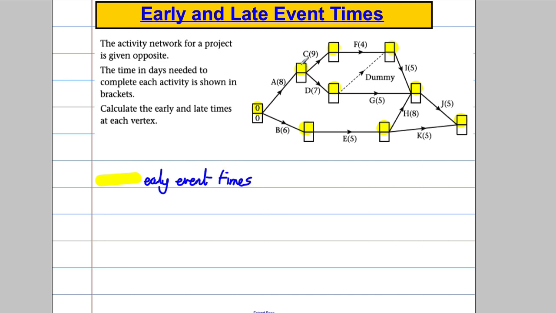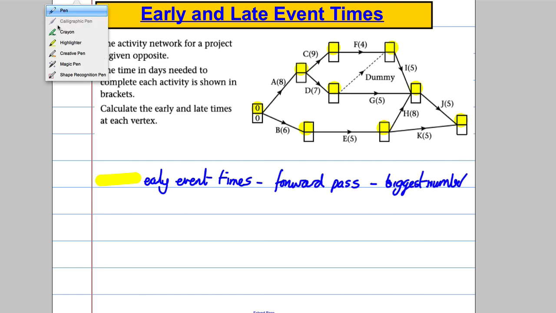They're the earliest time I can get here with all the activities beforehand that are needed to get there complete. And I calculate those using a forward pass. And I'm looking for the biggest number possible into that. And the late event times, they're the bottom numbers here.